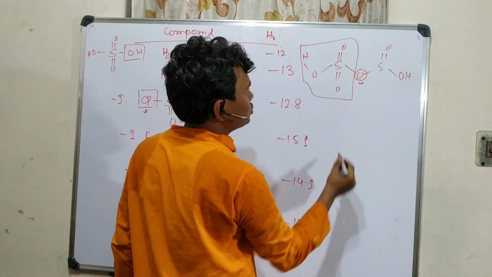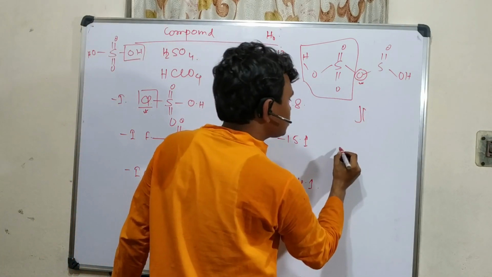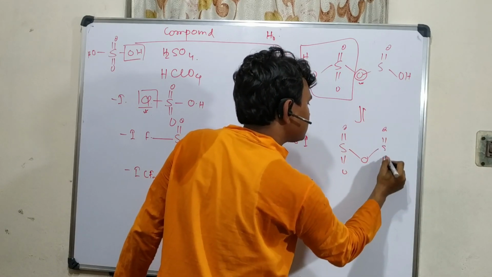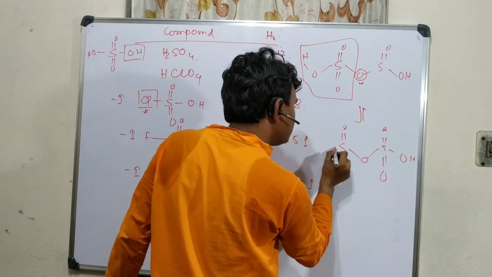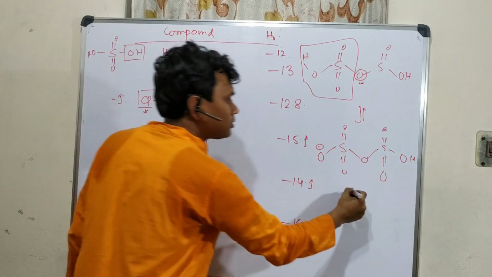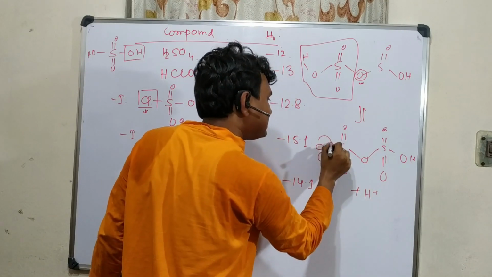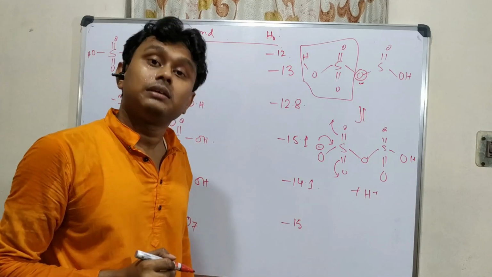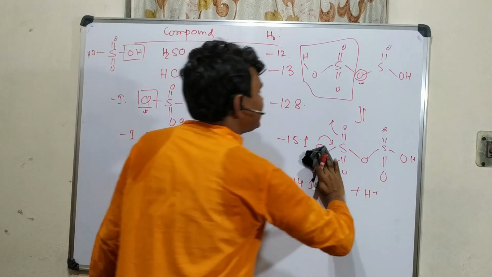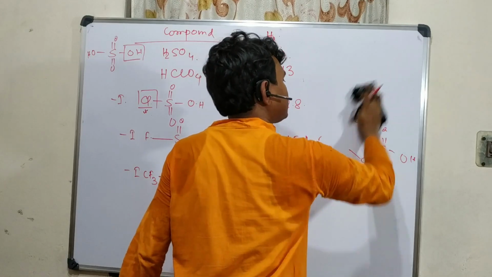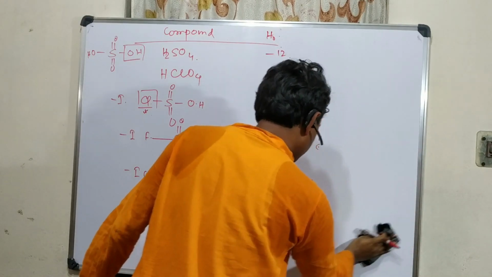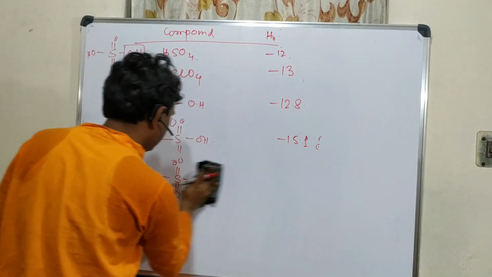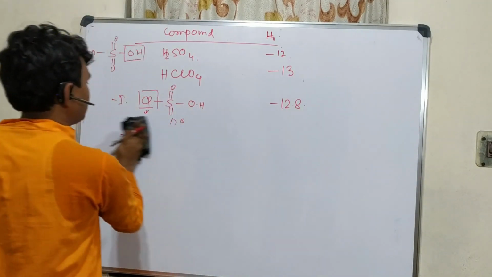Consequently, this is stronger because if it eliminates a proton, it produces this anion plus proton, and that anion is stabilized this way and this way with equivalent canonical structures. That is the reason fluorosulfonic acid and disulfuric acid are stronger than sulfuric acid. Okay, so these are very simple molecules.